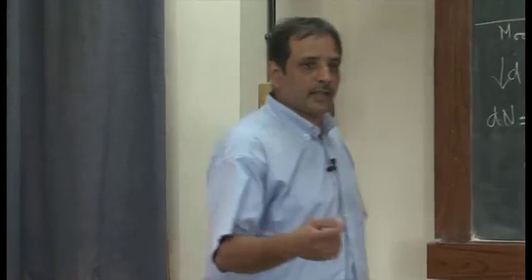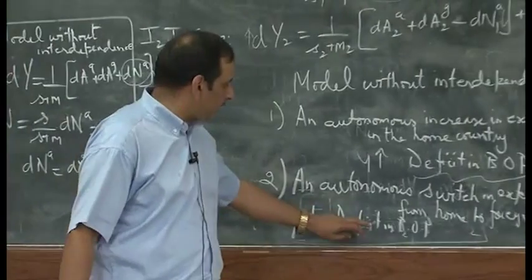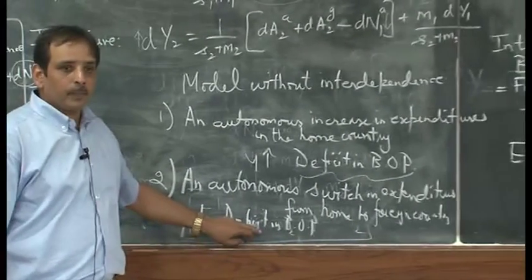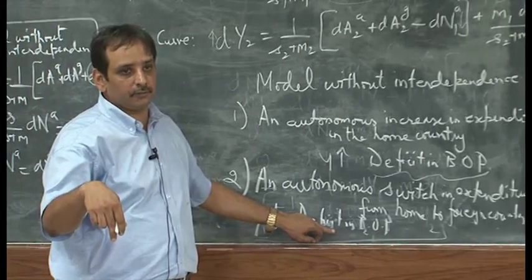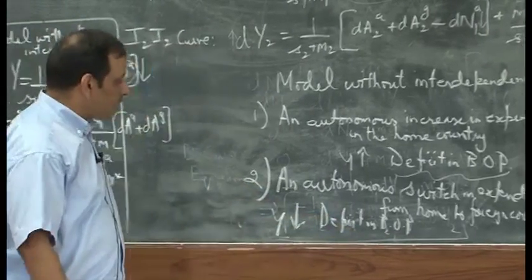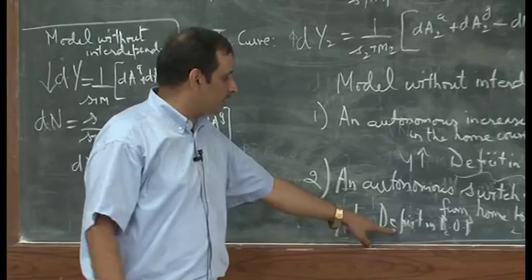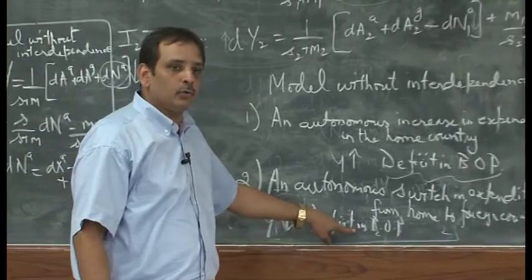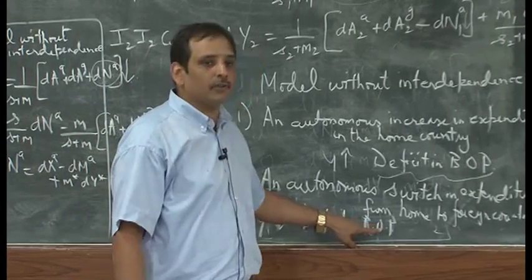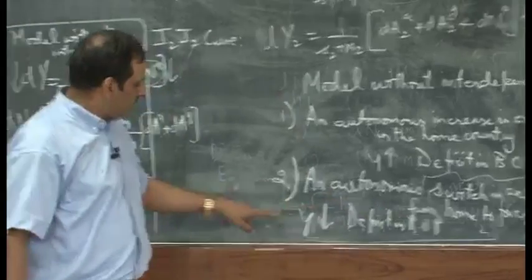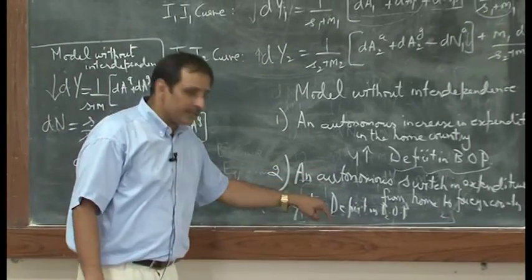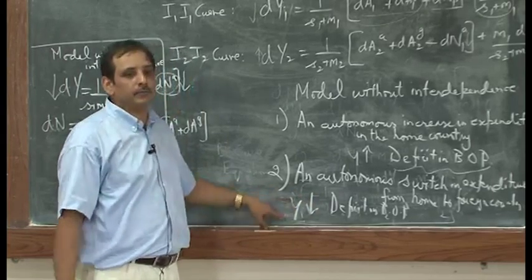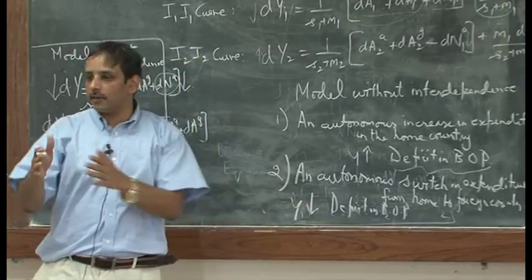Again, if he uses the expenditure changing policies to take care of the deficit, then he will reduce his expenditures. When he reduces his expenditures, he may be able to take care of the balance of payments, but when it comes to the internal balance, as soon as he decreases the expenditures, his incomes go down further, he moves away from the internal balance.